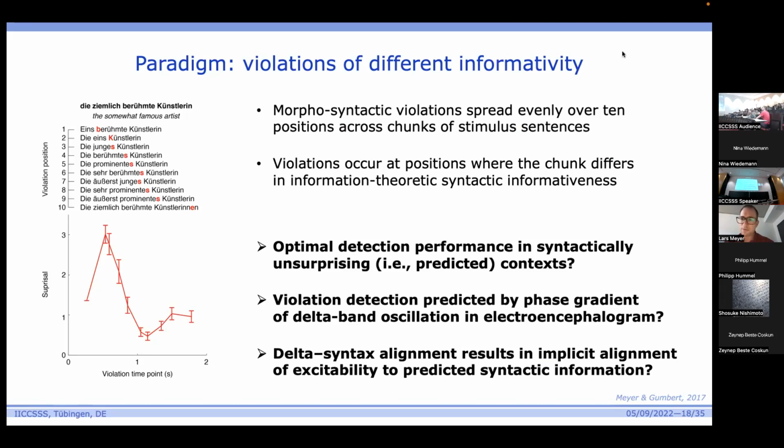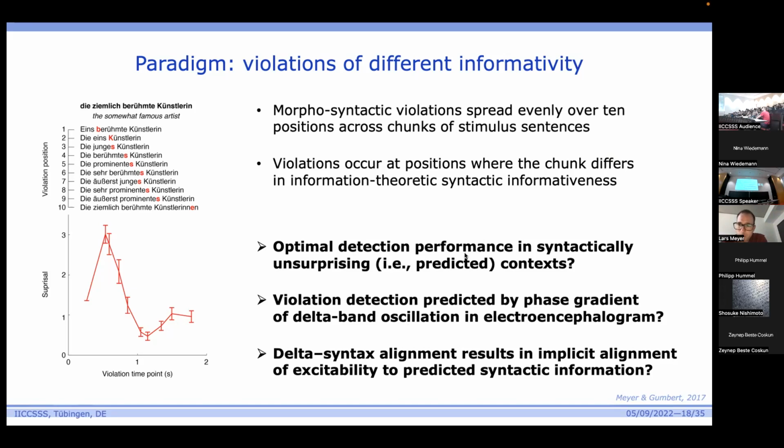And so we hypothesized simply that if there's something about excitability in the EEG that relates to syntax, or to this type of information that we would like to decode from the stimulus, because that's what our brain is all about, right? It wants to read what this kind of sentence means. Then we should see first an optimal detection performance for those errors, depending on how surprising or unsurprising the context is. So our language model here can predict behavior. That's good for cognitive science.